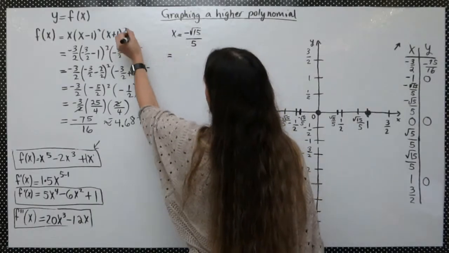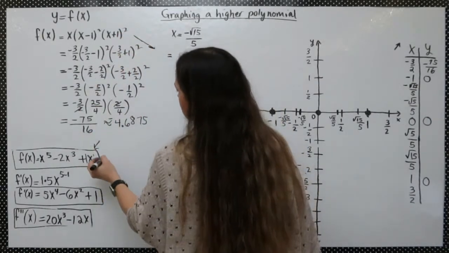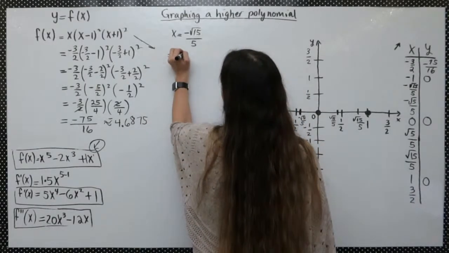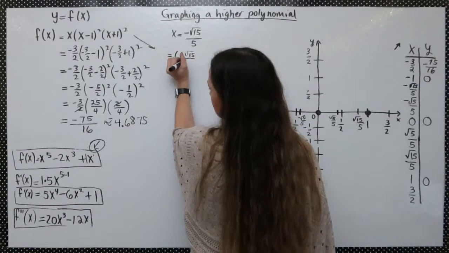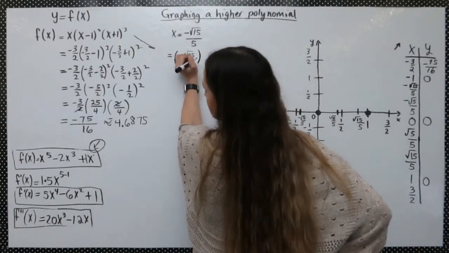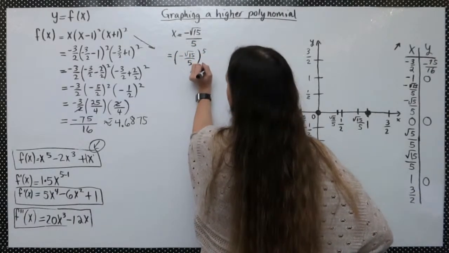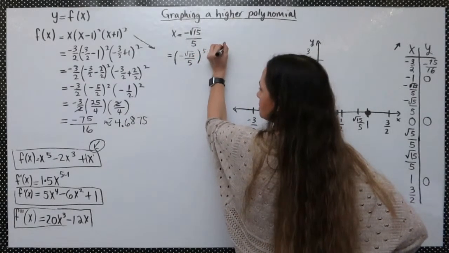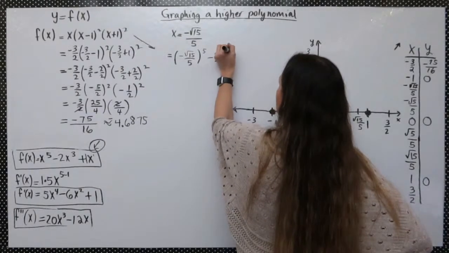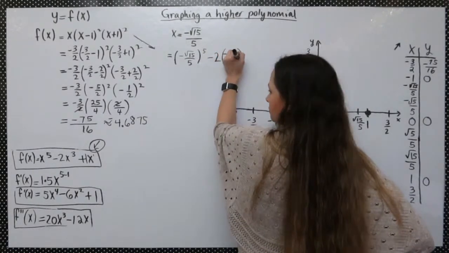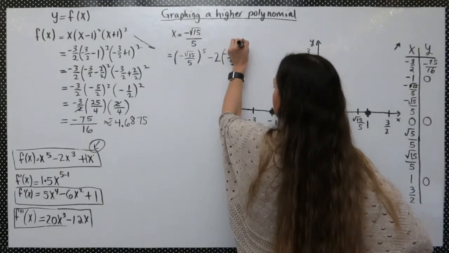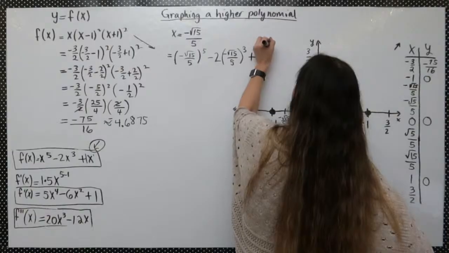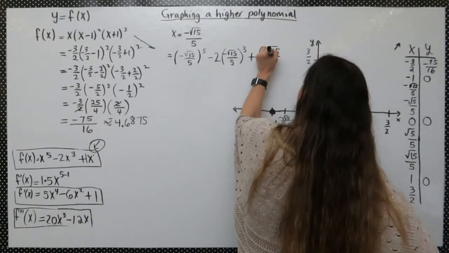We're going to use this one: negative radical 15 over 5 to the 5th power, and then -2 times negative radical 15 over 5 cubed, plus just radical 15 over 5.